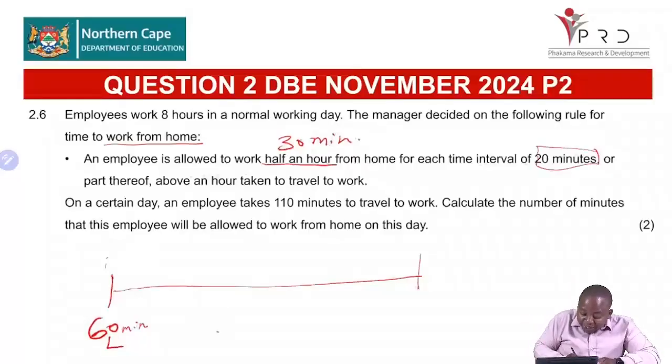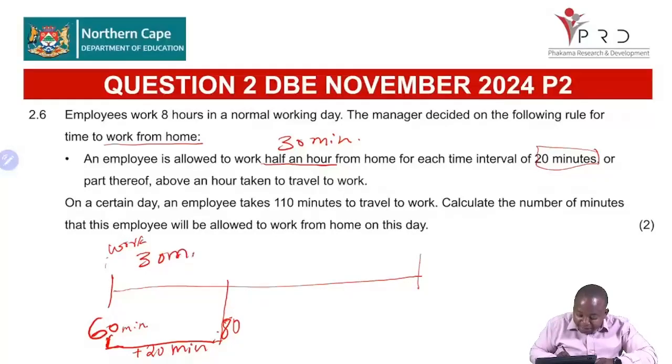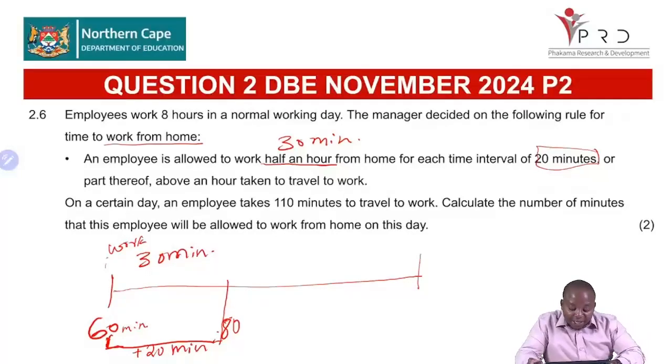So from the 60 minutes, if you travel an extra 20 minutes, 60 plus 20, we're going to have 80. So if you travel 20 minutes extra, you will be allowed to work how many minutes? 30 minutes when you get home in this case, right?